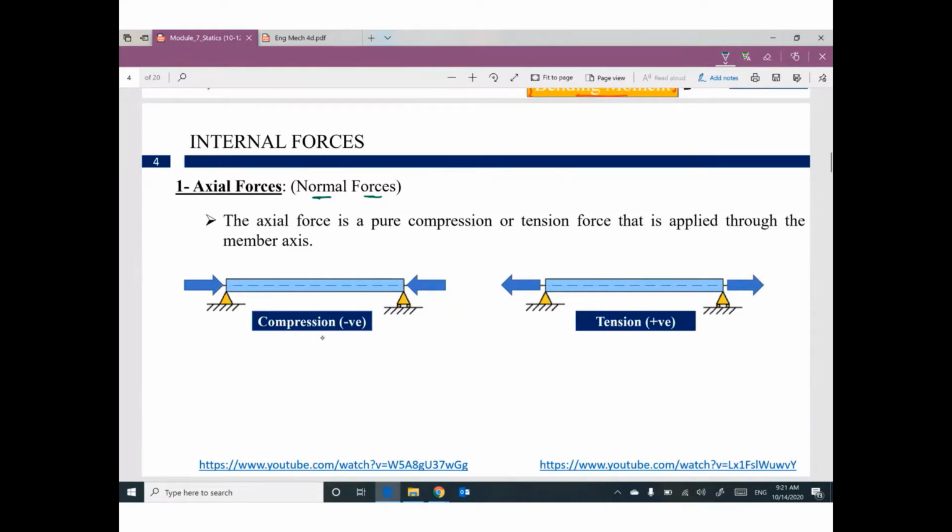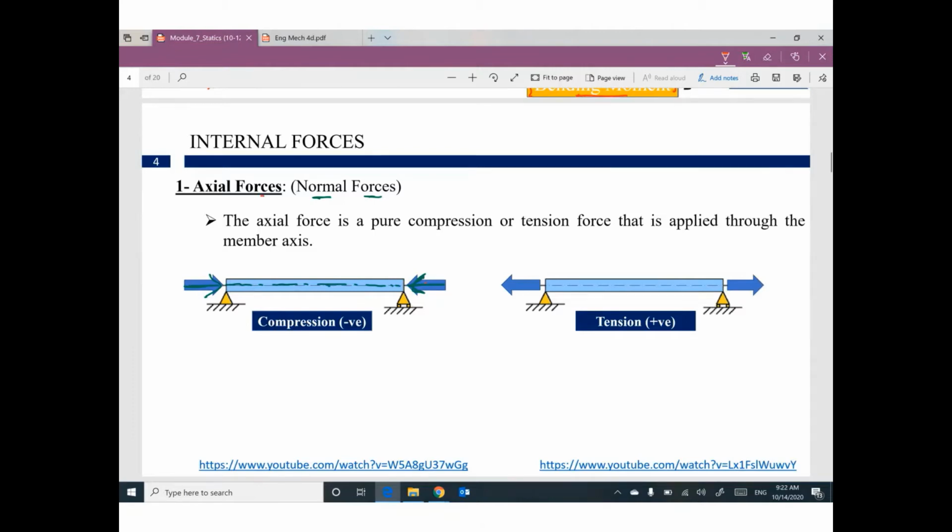This beam has a center line. If the applied force is parallel to the axis of the beam, these external forces will create axial force or normal force.